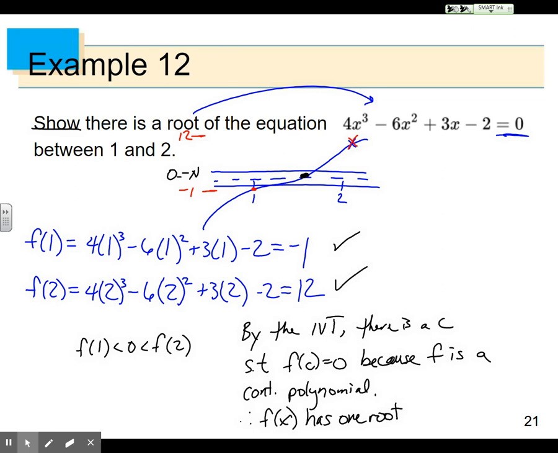We're going to call that one root c. We're not even worried about finding what it is on the open interval from 1 to 2. But this is going to be the c right there that landed right between it.